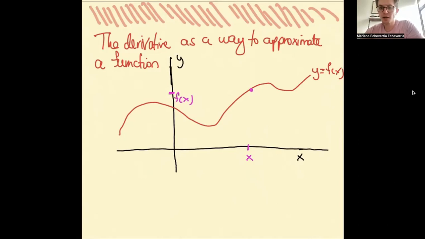So if you remember, to find the derivative, which is the slope of the tangent line, what we did instead was, you have x, and you move to x plus delta x.